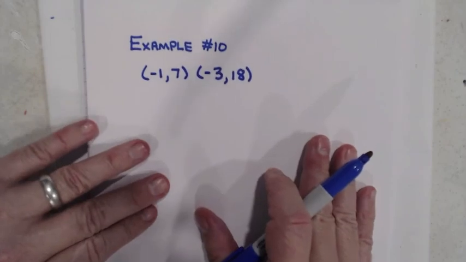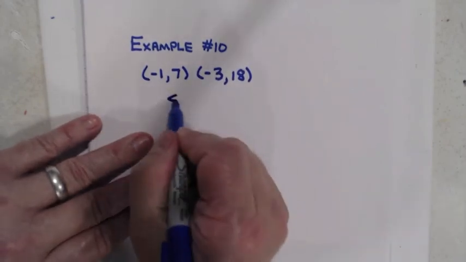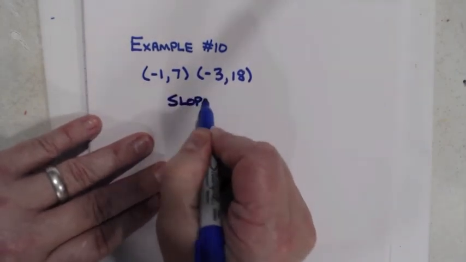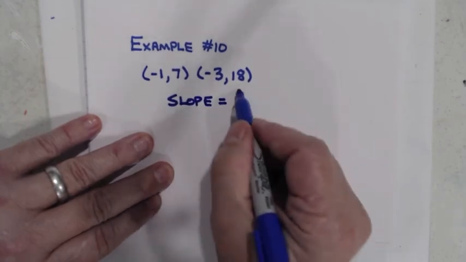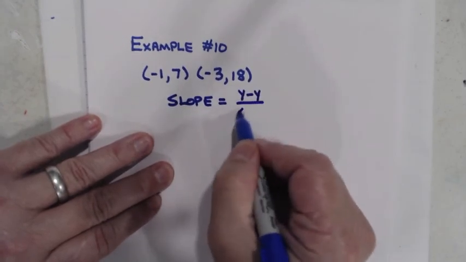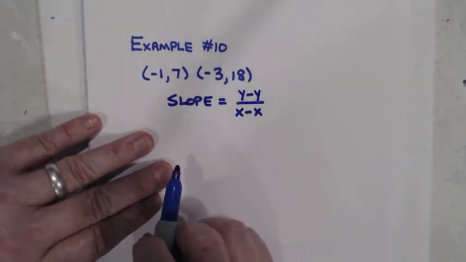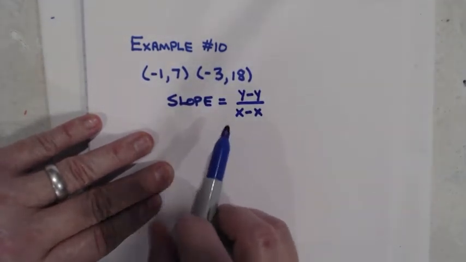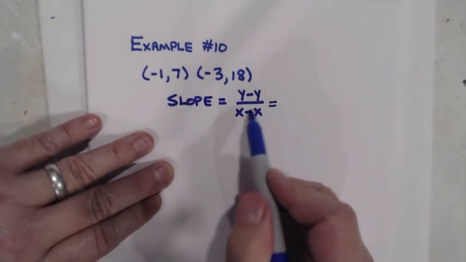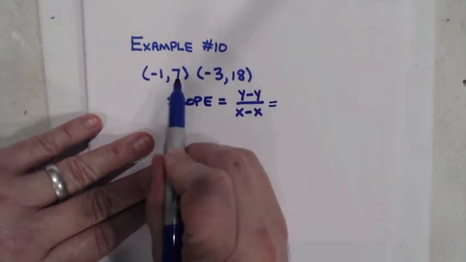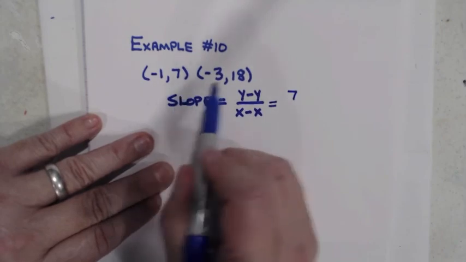And our last example, example number 10. Again, this takes practice. If you practice this enough, then you can remember what the formula is and you don't have to memorize the formula. It's just a set of instructions telling you what to do. The set of instructions tells you to take the y's and subtract them. Take your first y. Subtract your second y.